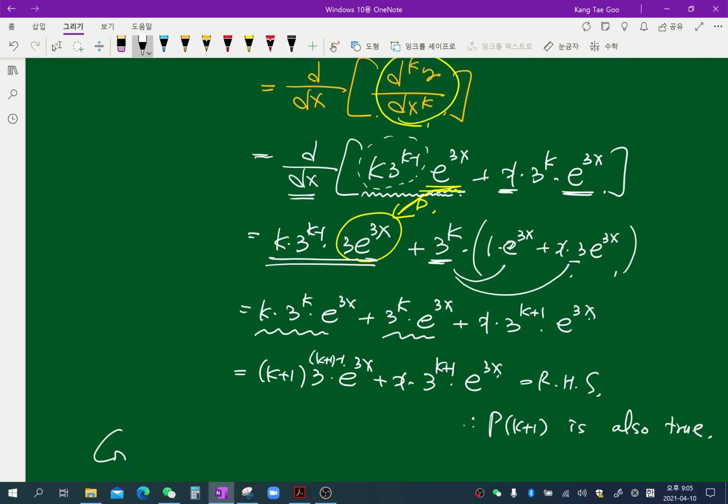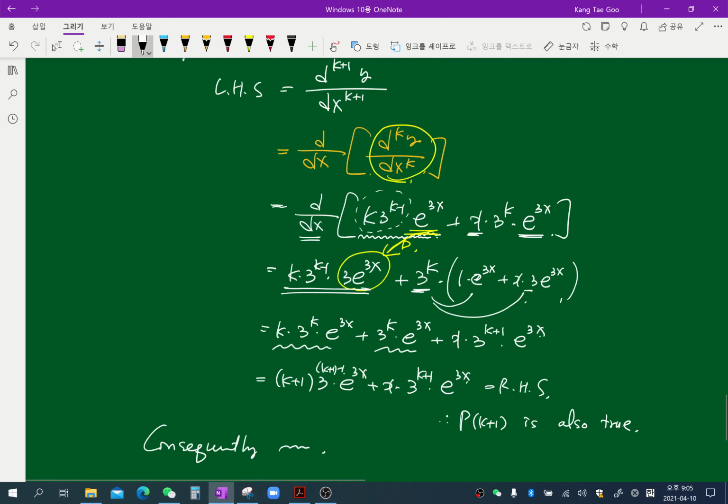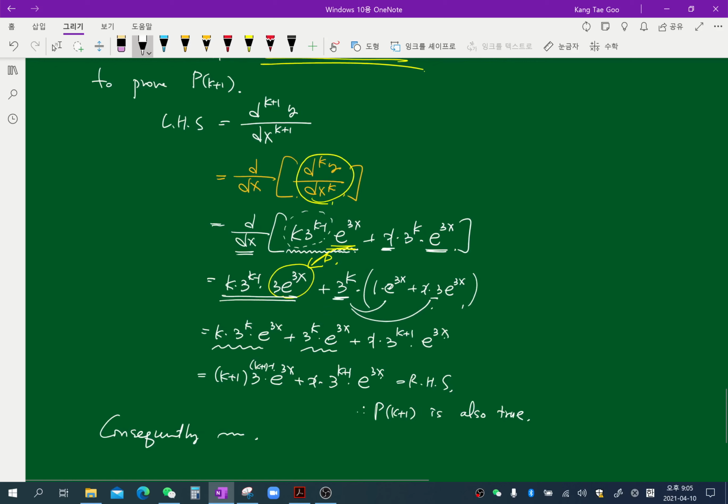And then you need to write the conclusion here. The difficulty on those kinds of questions is that the expression is a bit complicated, especially if the product rule or the quotient rule is even more complicated, right?